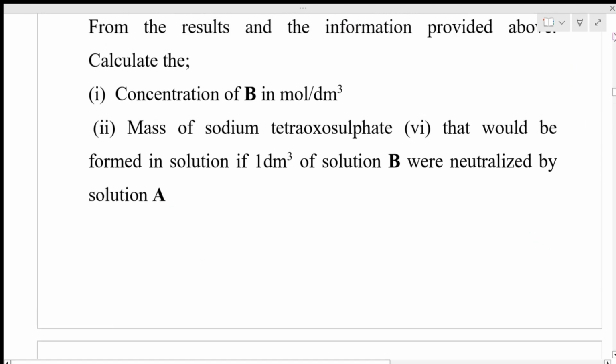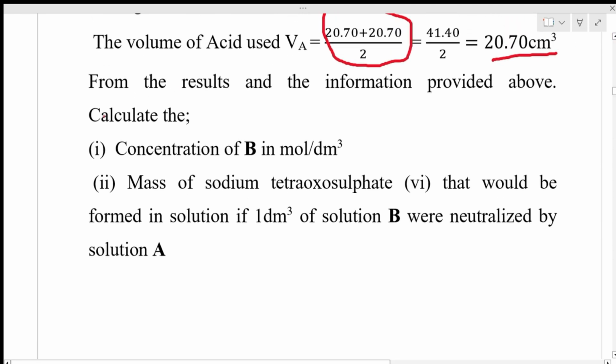One of the questions I'm supposed to calculate is: from the result and the information provided above, calculate, number one, the concentration of B in mole per dm³.